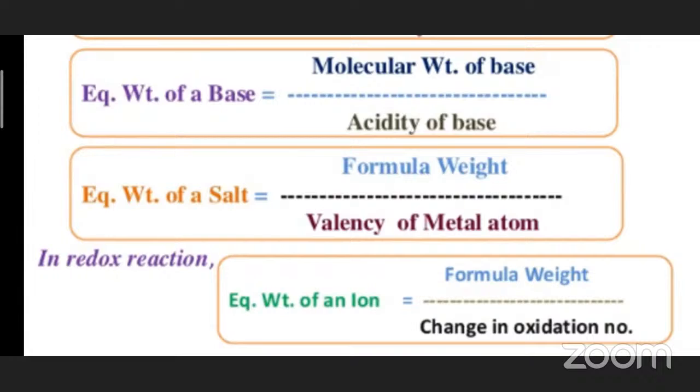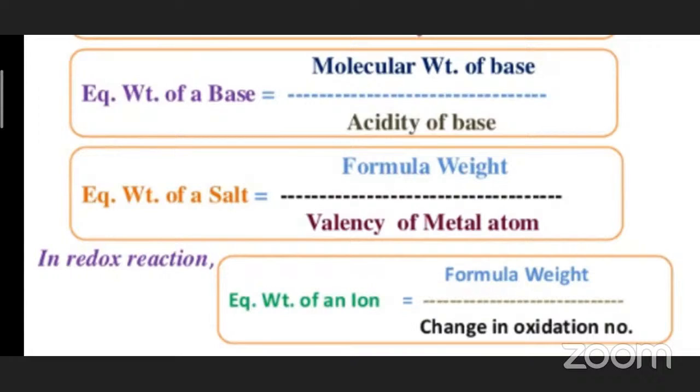Just now we saw an example, NaOH, caustic soda, sodium hydroxide. When we add water, NaOH breaks up into Na plus and OH minus ions. How many OH minus ions did we get? Only 1. That means 1 is the acidity of the base.